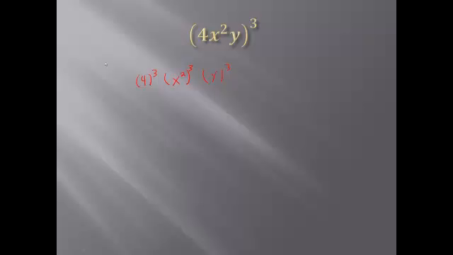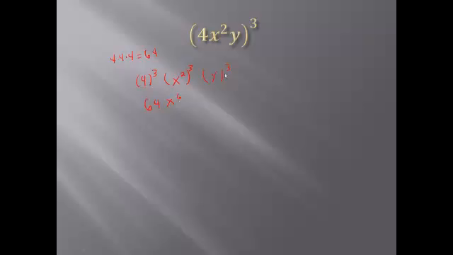Now 4 to the third power is just 4 times 4 times 4. 4 times 4 is 16, times 4 is 64. x squared raised to the third power, we use what we call the power to a power rule. When we have an exponent on the inside of the parentheses and it's raised to an exponent directly outside the parentheses, you just multiply the two exponents to simplify that.